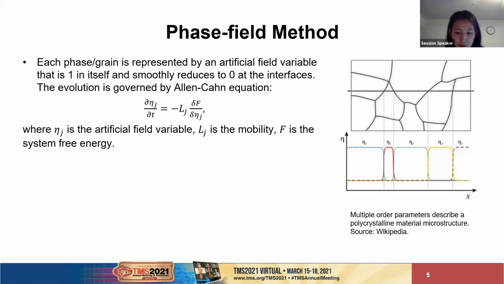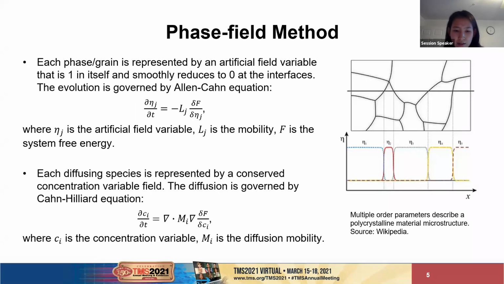Now we have a way to quantify the phase transformation. The diffusion, of course, is occurring at the same time and is governed by the Cahn-Hilliard equation. In this Cahn-Hilliard equation, it's basically just the diffusion equation. C is the concentration variable, M is the diffusion mobility, and F again is the system free energy.